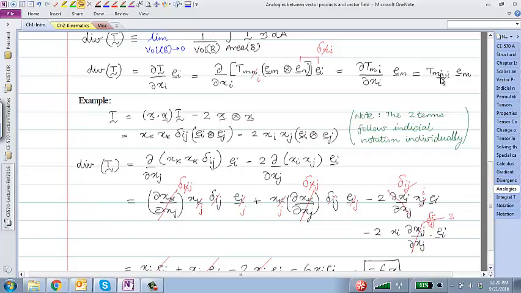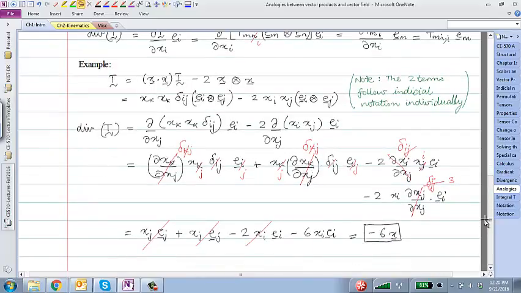So if my components are ij, for example, as in this case, the derivative is supposed to be with the second component. Since j is the second component, I take derivatives with j, and the result is in the direction of the first component, which is e_i here.